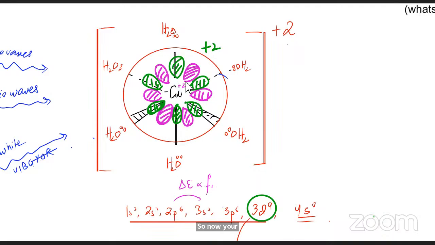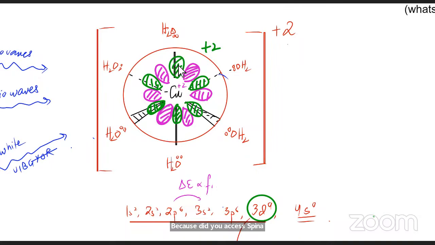But now something happens. The d subshell orbitals were identical. All 5 d orbitals were identical: dxy, dxz, dx square minus y square, dz square. But now they're no longer identical because the water on the axis has a lone pair, right? If you have electrons in this green orbital over here, it's going to be harder to keep electrons there.